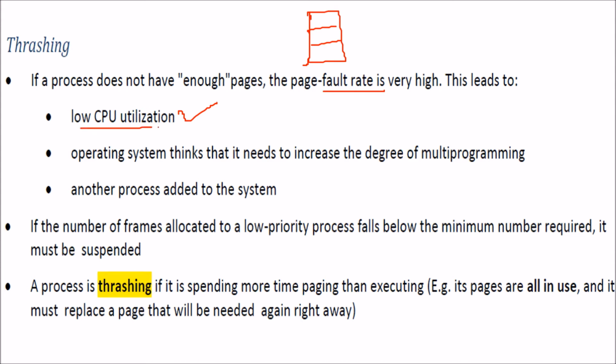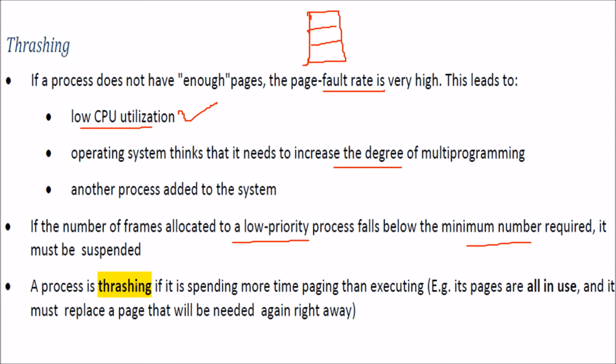There will be low CPU utilization. The operating system thinks, okay, the degree of multi-programming is getting higher, but the CPU utilization is low. Also, if the number of frames allocated to a low priority process falls below the minimum number required, it may be suspended.